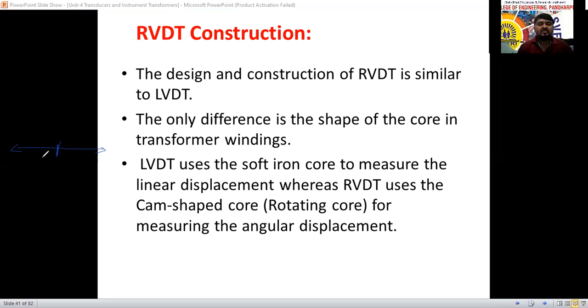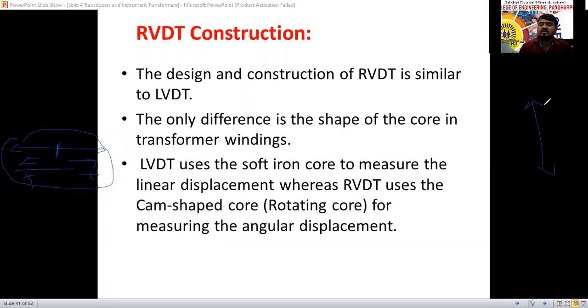If it is left, we say positive, and if right, negative, depending on whether we calculate ES1 minus ES2 or ES2 minus ES1. That is left and right horizontal displacement, and up and down is called vertical displacement.